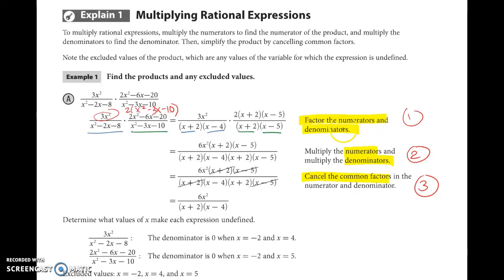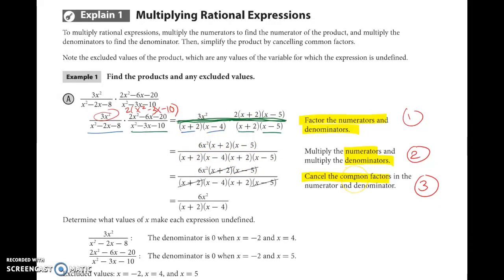But step 1 is done, and so step 2 is to multiply. So I just think of this as one big fraction now, and I multiply my numerators together. Well, 3 times 2 is 6, which is how I got that right there. And then all my factors are written here. So multiplying my denominators, here's what I got.